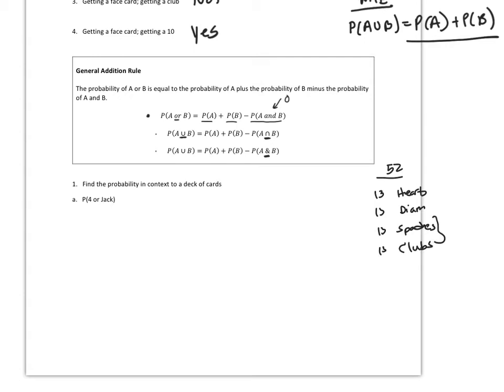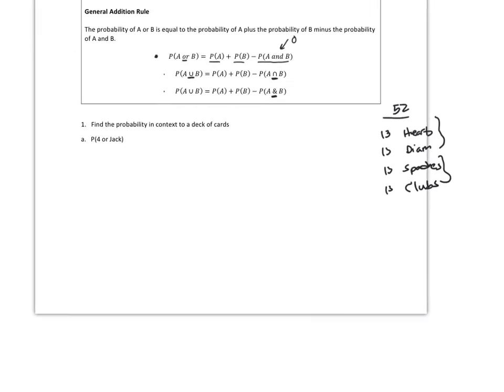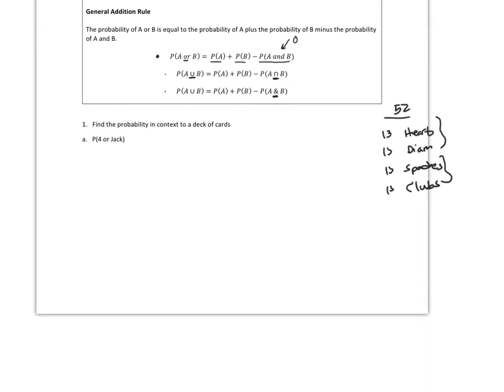These last two are black, these are red. All right, now watch. I want to find the probability of a 4 or jack. Now what I will always do is write this out in one of these forms. I'm pulling a card out. What's the probability? It's 4 or jack.